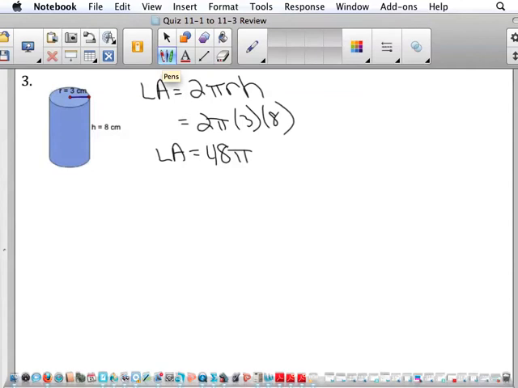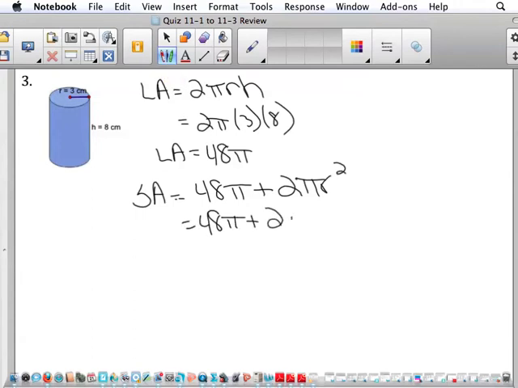Then, remember, the surface area is equal to the lateral area, which is 48 pi, plus 2 times the area of a base. This time the base is a circle, so I'm going to use pi r squared. So 48 pi plus 2 times pi times the radius squared.